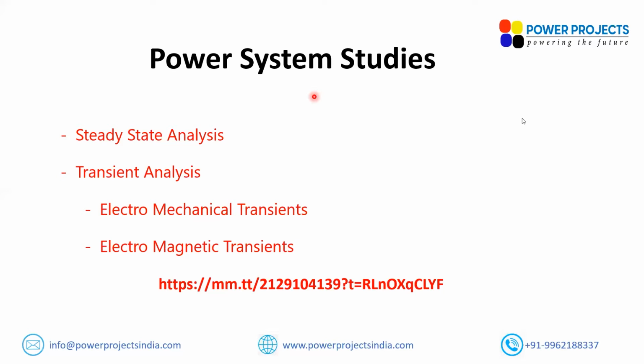If we are discussing the interaction of this electrical system with the mechanical system, which is predominantly a turbine, then we call it electromechanical transients. A simple example: if there is a fault in a three-phase overhead line, how the generator rotor oscillates with respect to other generators comes under electromechanical transients. It's studying the transient between electrical and mechanical systems.